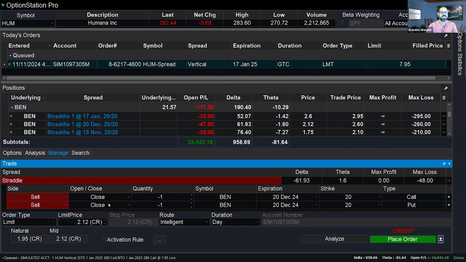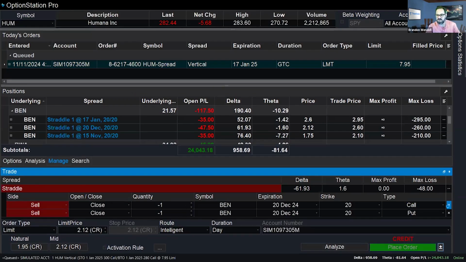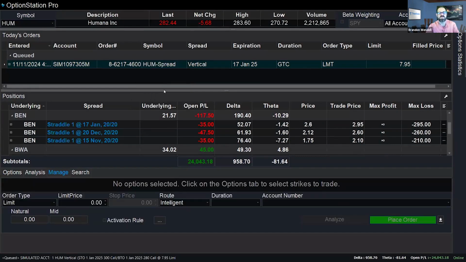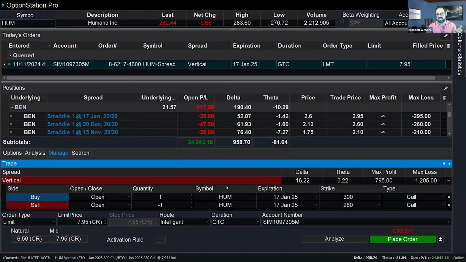I'll do it right. Let's go back. On this Humana spread, I'm going to do create opposite order. That would do the same thing as exiting. Remember, I entered my position hypothetically.